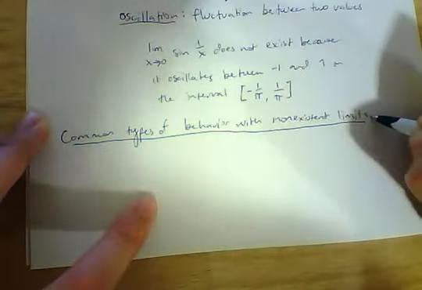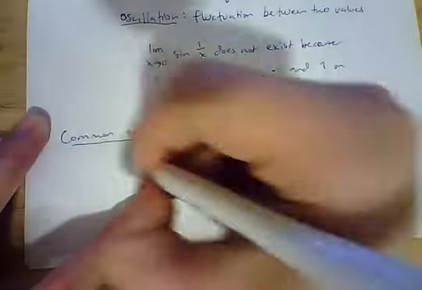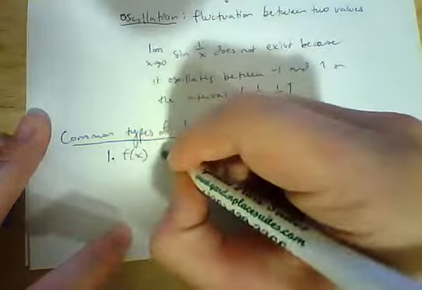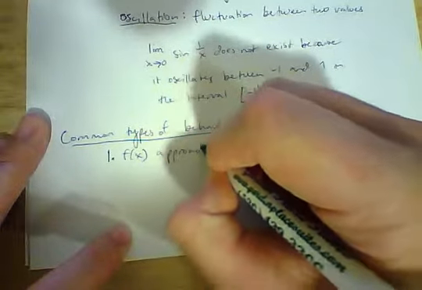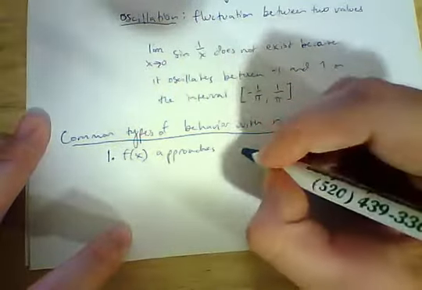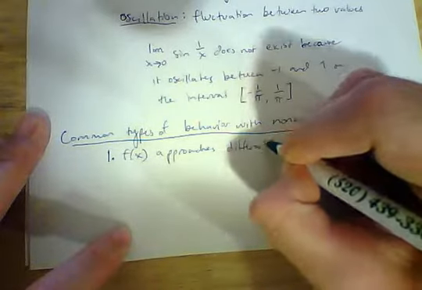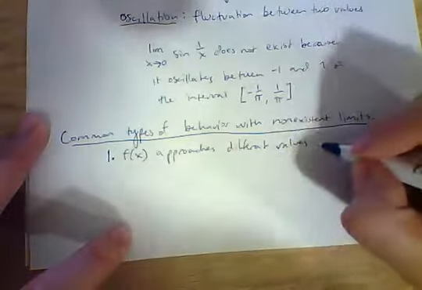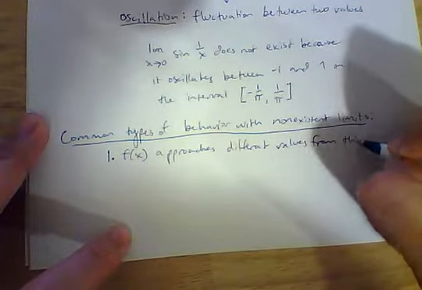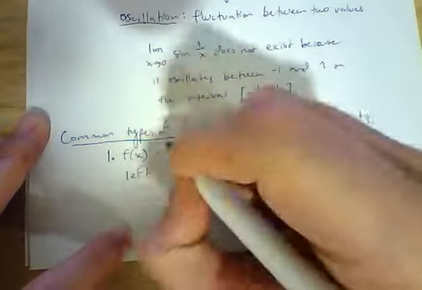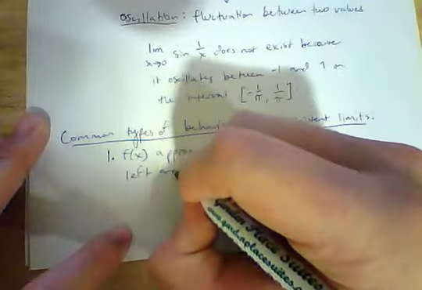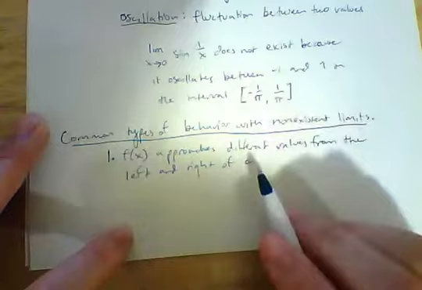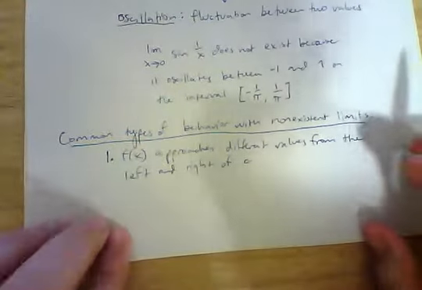We'll underline all that. Okay. The first situation is when f of x approaches different values from the left and right of C, of that value you're trying to find.